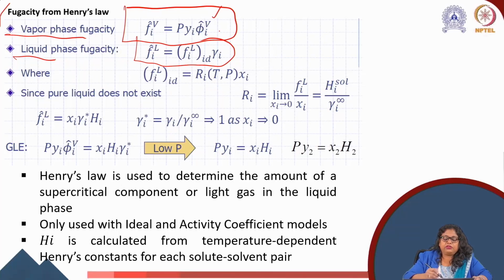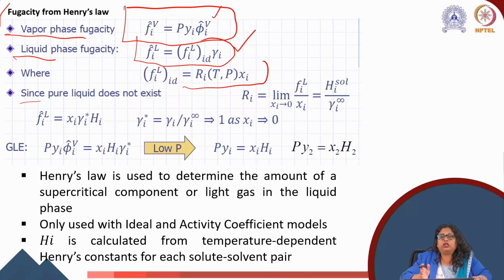And similarly for the liquid phase we are using FiL = FiL ID gamma. And how are we representing this FiL ID? It is a function of your pressure and temperature at your Xi.